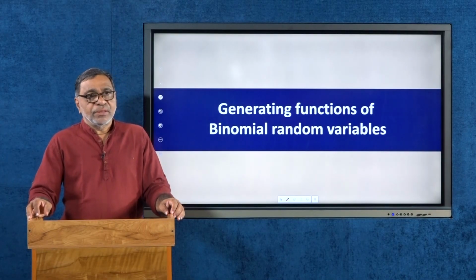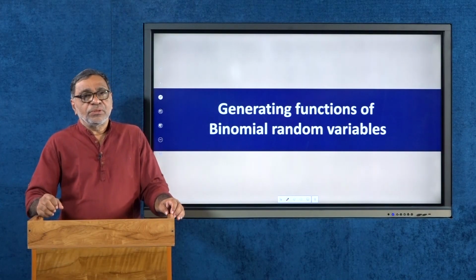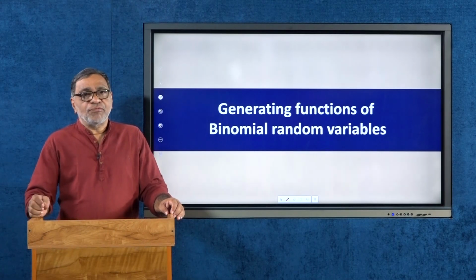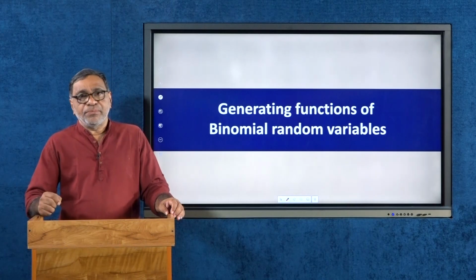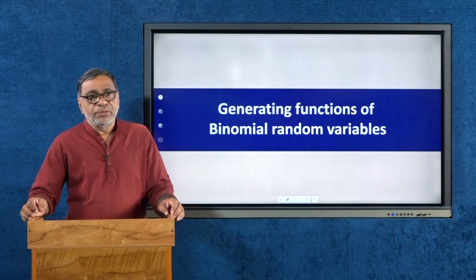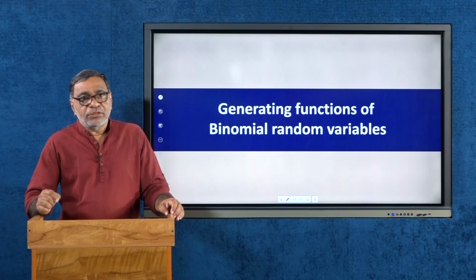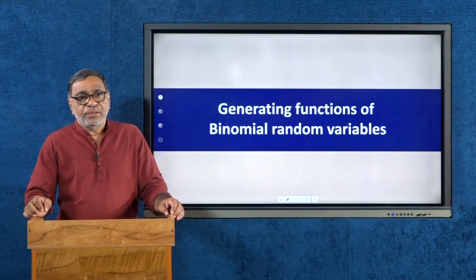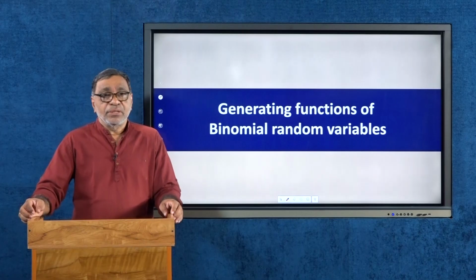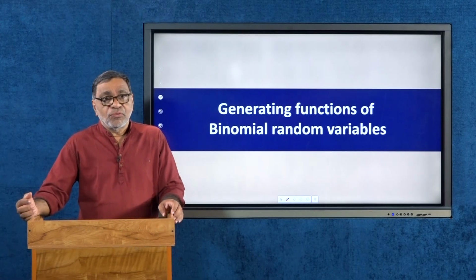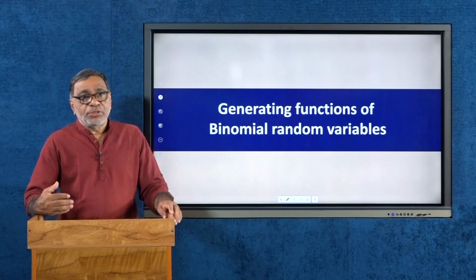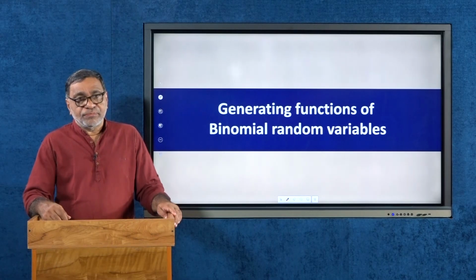In this module, we are going to discuss generating functions of a binomial random variable, especially the probability generating function, moment generating function, cumulative generating function, etc. And how the moment generating function or cumulant generating function is used for calculating moments of the binomial distribution.